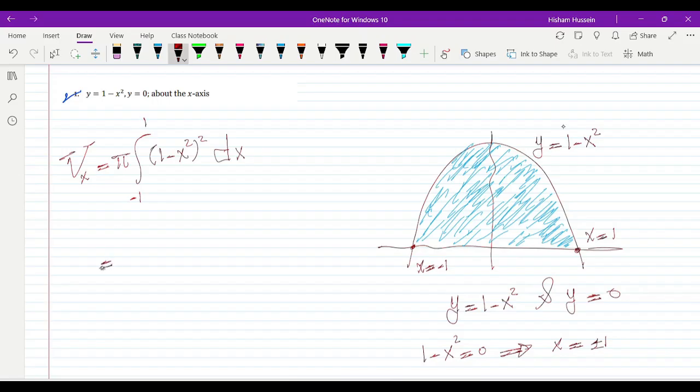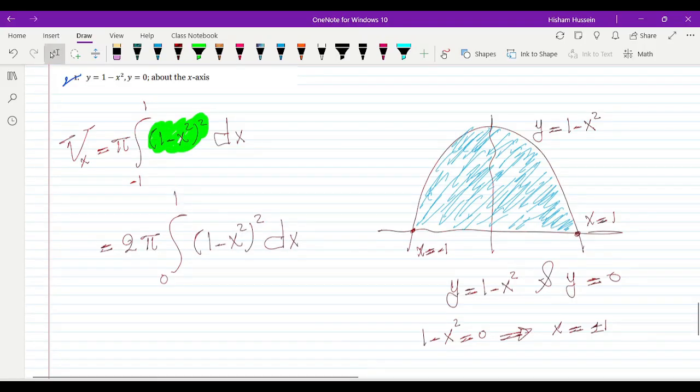We know that this is an even function and the integration is running from negative 1 to 1. So it's 2 pi times the integration from 0 to 1 of (1 minus x squared) to the power 2 dx. Expand: this will be 2 pi, integration from 0 to 1. First square is 1, first times second times 2 is minus 2x squared, second square is x to the power 4 dx.